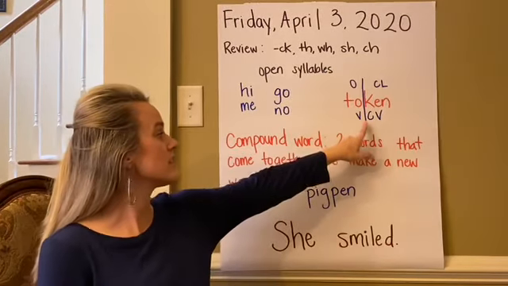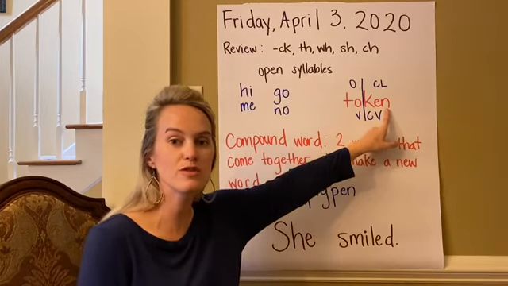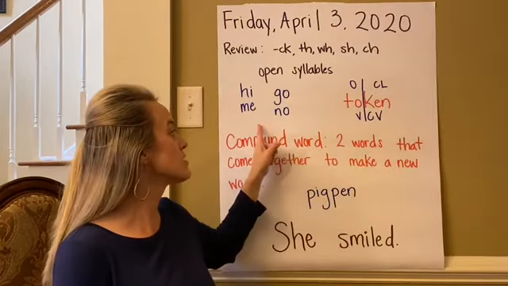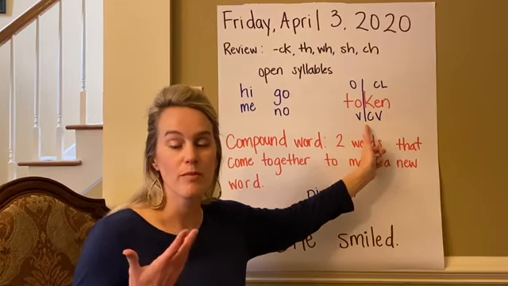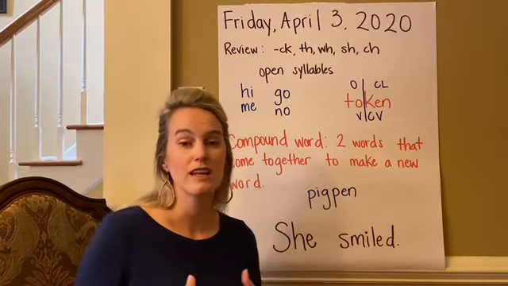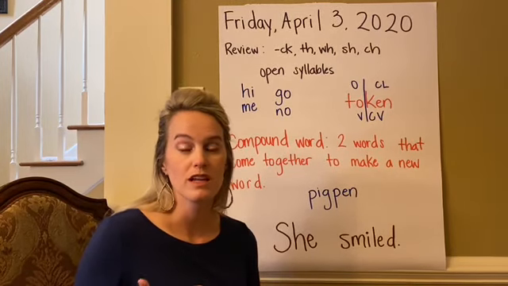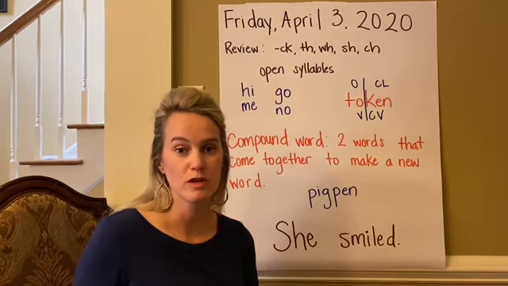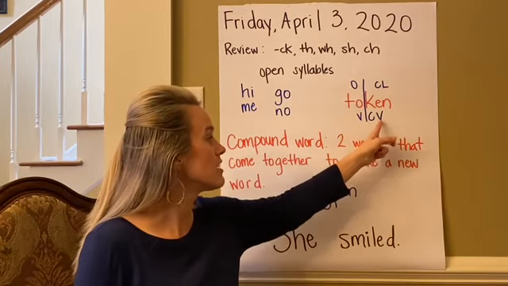If you take a look at this word, token, you'll notice that it's a two-syllable word. These are all one-syllable words. This is important to know because you're about to get into bigger words, and now you're going to have more confidence if you know the difference between an open and a closed syllable word when you come to those bigger words. You can find the vowel, find the consonant, find the vowel.